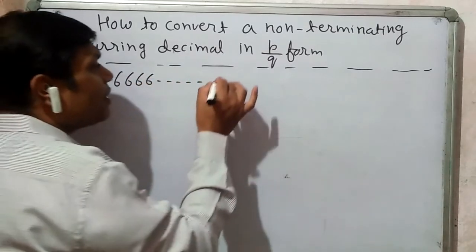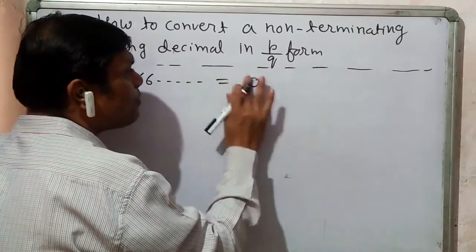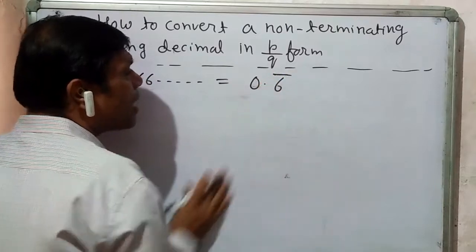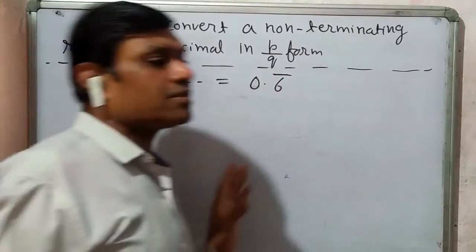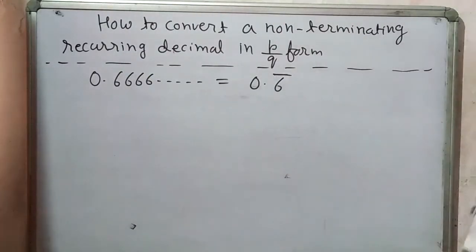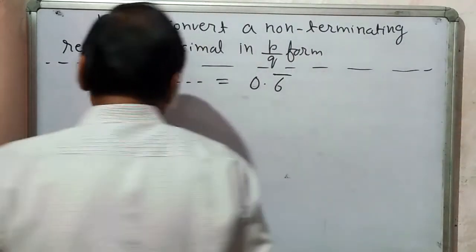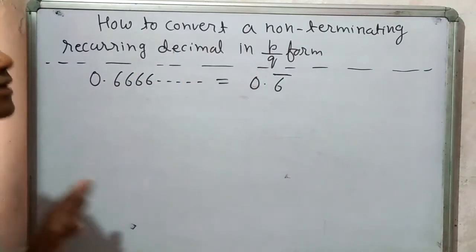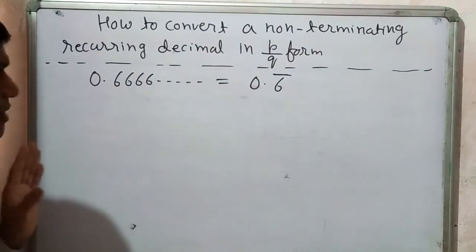First thing is, we represent this as 0.6 with a bar above the 6 to represent that 6 is repeated many times. How are we going to convert this 0.6 bar into P upon Q form, which is the standard form of rational numbers?